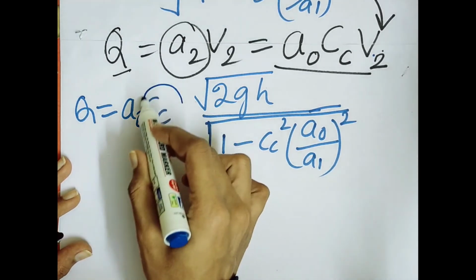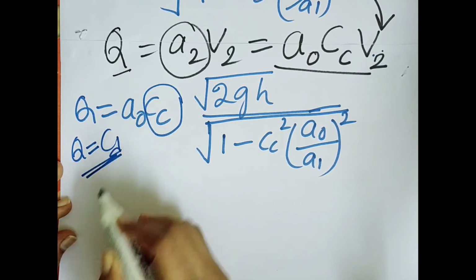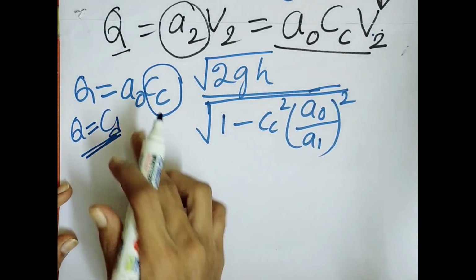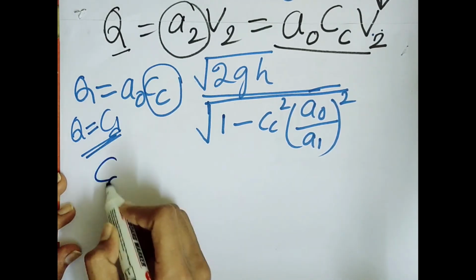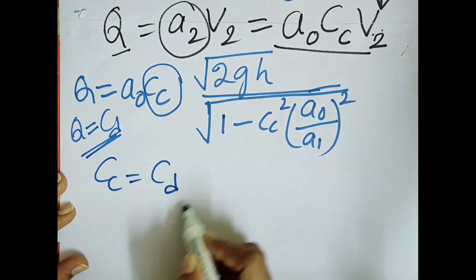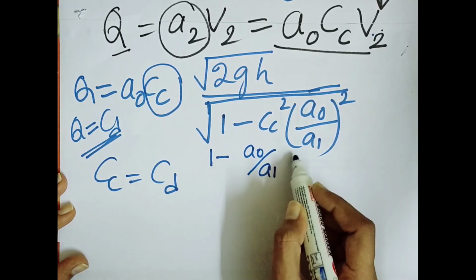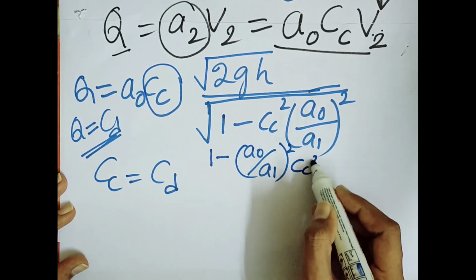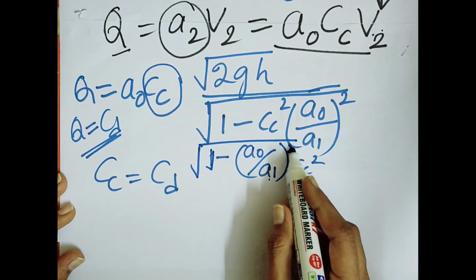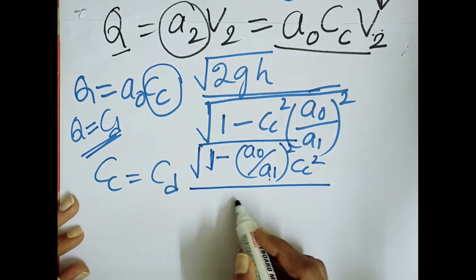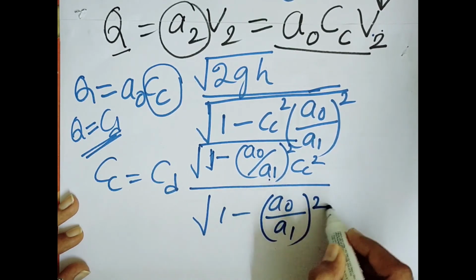Now whatever this Cc is there, ultimately we have to represent Cq in terms of Cd, in terms of the Cd equation. So we have Cc in terms of Cd, that is Cc is equal to Cd into square root of 1 minus A0 by A1 whole square into Cc square, divided by square root of 1 minus A0 by A1 whole square.